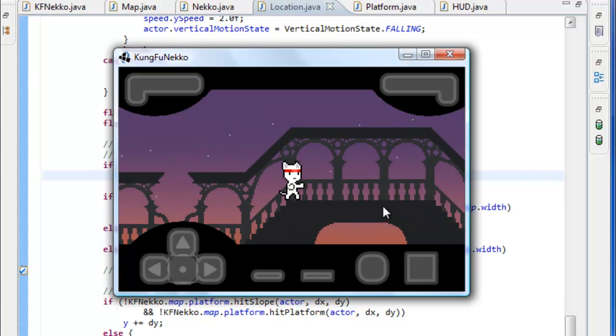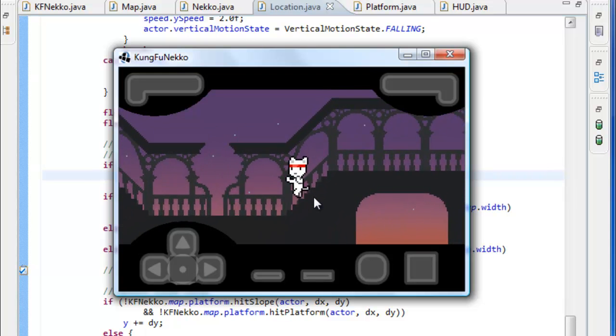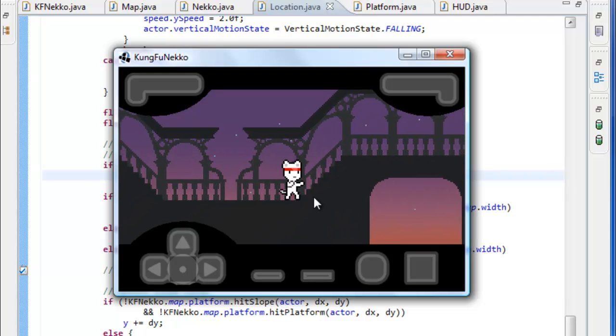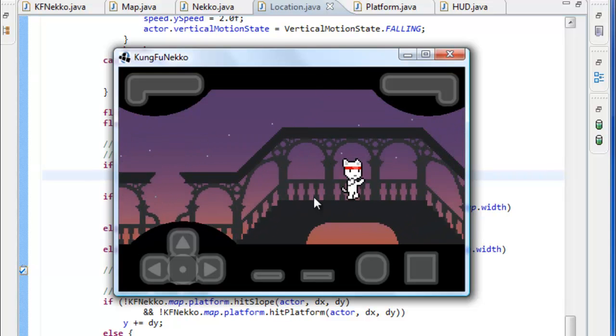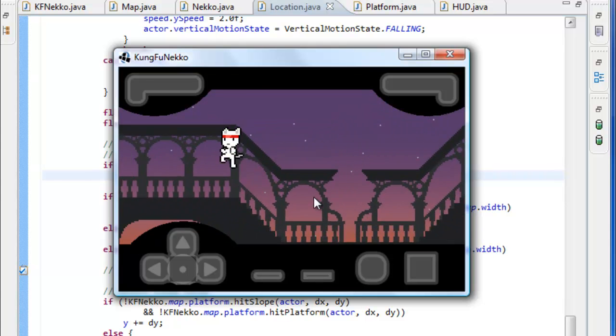And see, here's the flaw that I'm talking about here. You see right there, our feet is a little bit above the ground at this point. But that's a small price to pay for making this work. This is going to be an action game, and they're probably not even going to notice it most of the time.